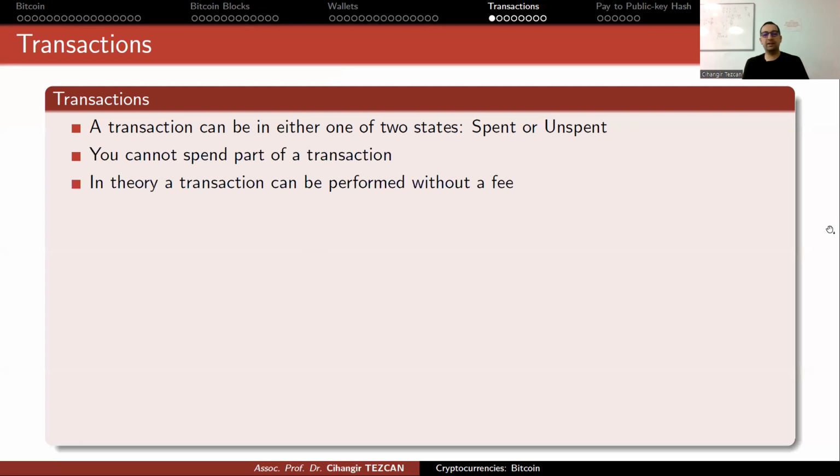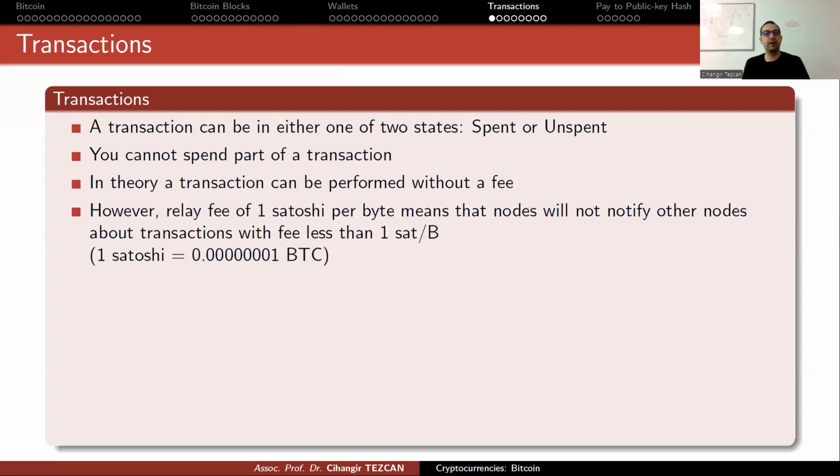In theory, a transaction can be performed without a fee. This means that your input and output are identical. However, a relay fee of 1 Satoshi per byte means that nodes will not notify other nodes about a transaction with a fee less than 1 Satoshi per byte. So 1 Satoshi is a very small amount of Bitcoin.